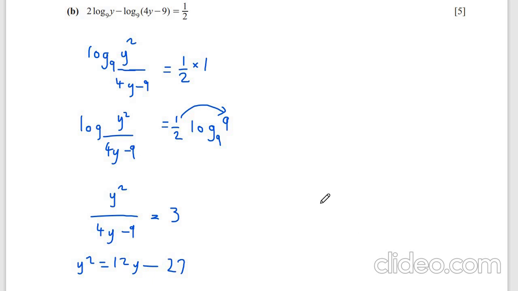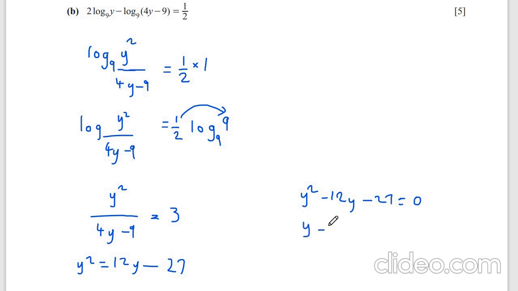And then if we try to solve this, so 9 and 3 are factors of 27.